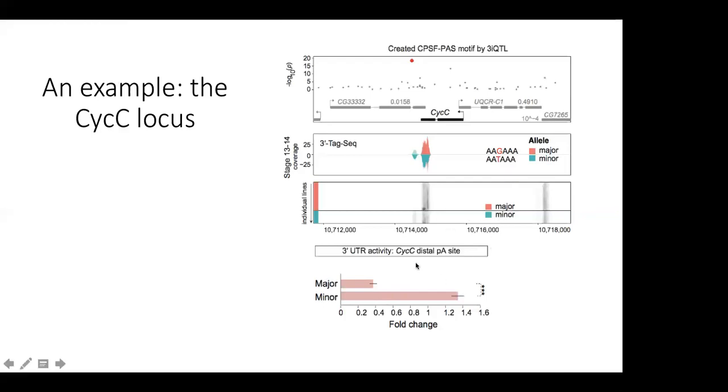And when we test this in luciferase assay, we clone this 3' UTR at the end of the CDS of the luciferase, and we observe that depending on whether we have a major or a minor allele, we have an increase or decrease of the stability of the RNA in luciferase assay. This means that what we are calling is a causative SNP. And I'm saying that this is a causative SNP because in the region that we cloned at the 3' end of the luciferase, this was the only SNP that was present.